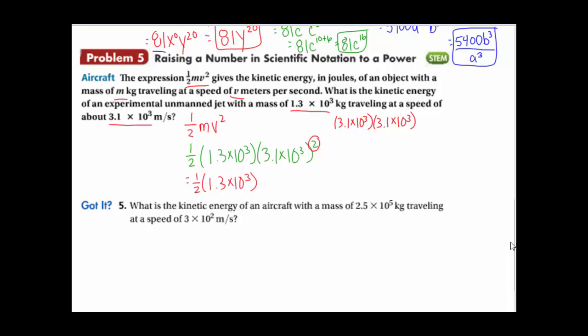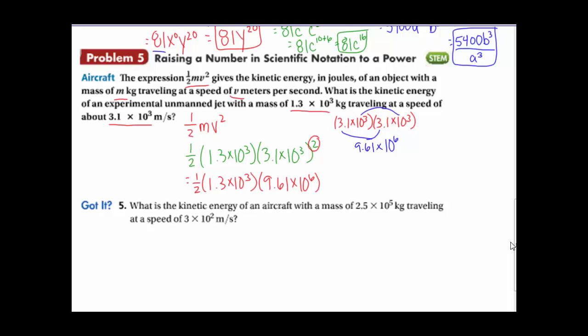We multiply the 3.1s together and multiply our 10 to the thirds together. 3.1 times 3.1 gets us 9.61. 10 to the third times 10 to the third, we have the same base, so we just add our exponents: 3 plus 3 gets us 6, so we have 10 to the 6th power. Plugging that back into our formula, we have 9.61 times 10 to the 6th power.